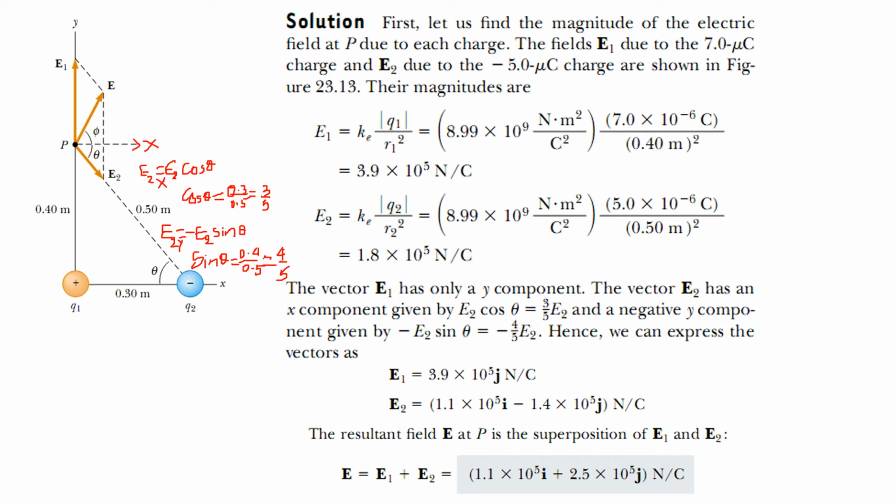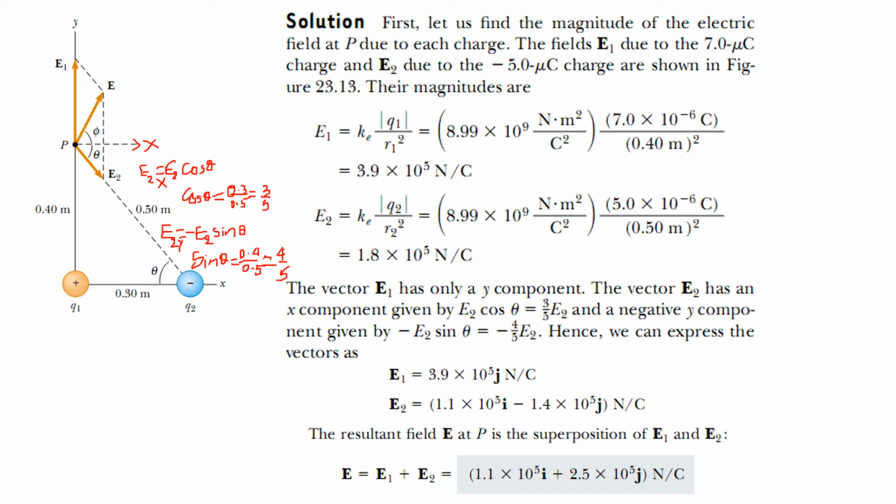That is the reason why we say that the x component of E2 is E2 cosine theta equals 3 over 5 times E2, and the y component of E2 is negative, equals minus E2 sine theta equals minus 4 over 5 E2.